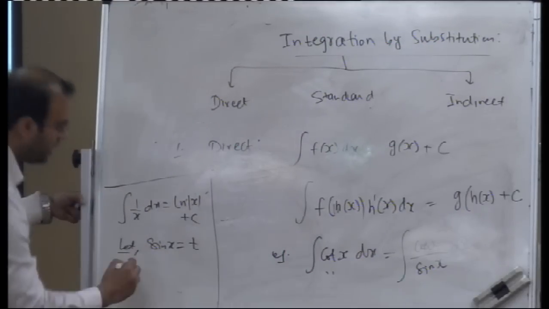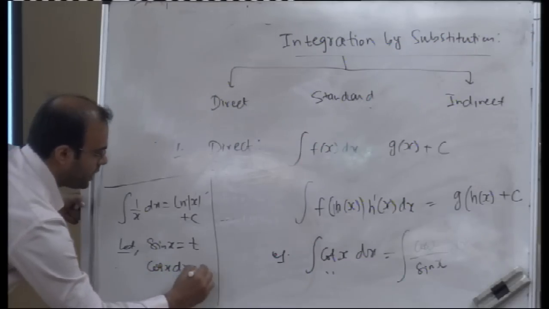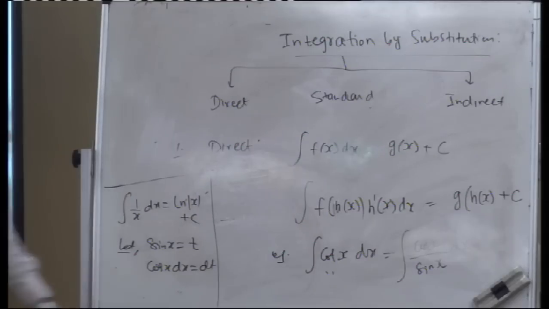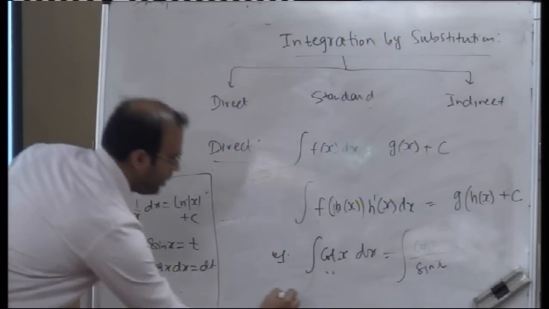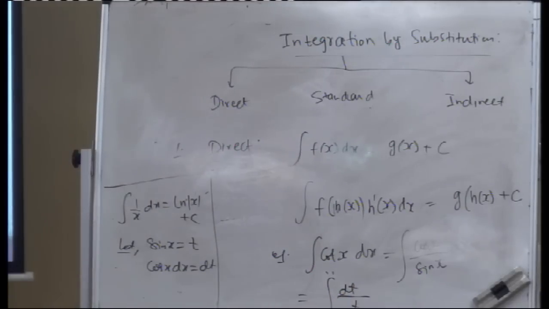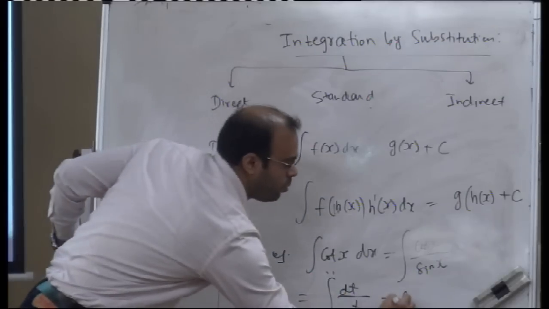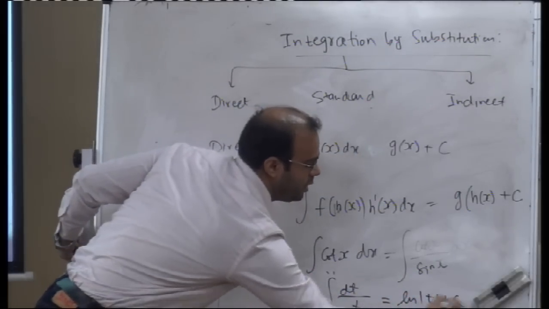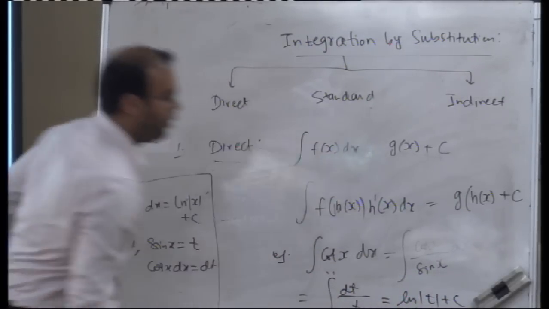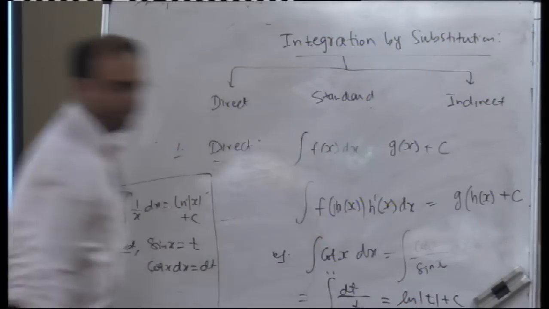Sin x is t, then when you differentiate sin x, you get cos x, and cos x dx is actually dt. So in the next step, the numerator is dt and the denominator is t. And then the integral of this is log of mod t plus c, which is log of mod of sin x plus c.